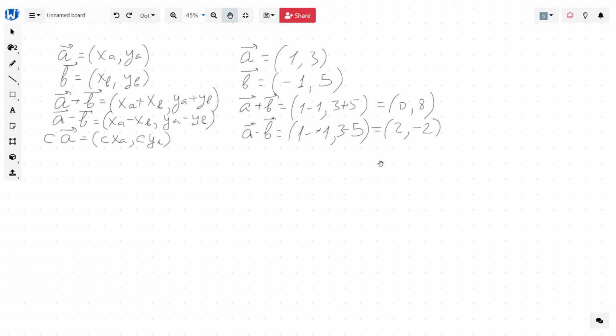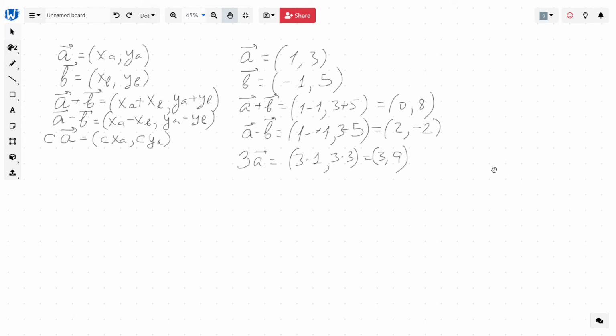Now, if I want to multiply vector A by, let's say, 3, I'm going to say 3 times 1, 3 times 3. We get 3, 9. So that's pretty simple.